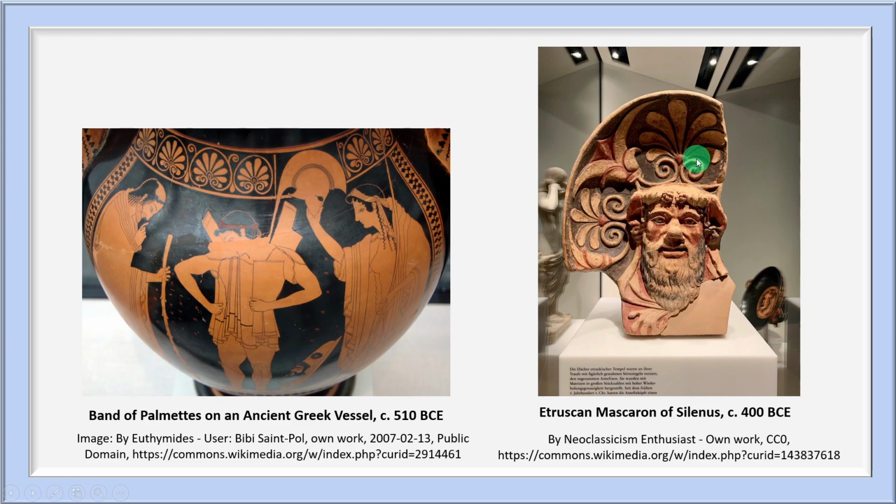Now, Etruscan was an ancient civilization in Central Italy, and mascaron is basically a decorative element in architecture, often a grotesque or frightening human face, and its purpose is to drive away evil spirits. It is generally placed on the entrance of a building.